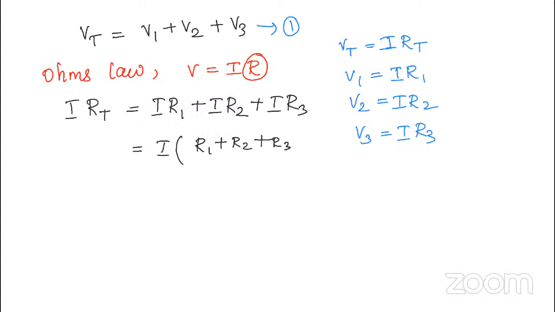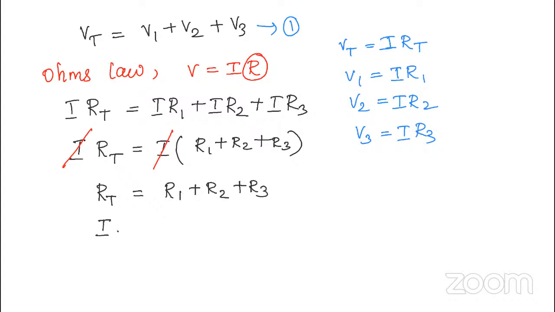Okay. Here it is I into RT. So the common terms should be cancelled. Okay. So cancelling, it is RT is equal to R1 plus R2 plus R3. Okay. What about IT? What will the IT value be?